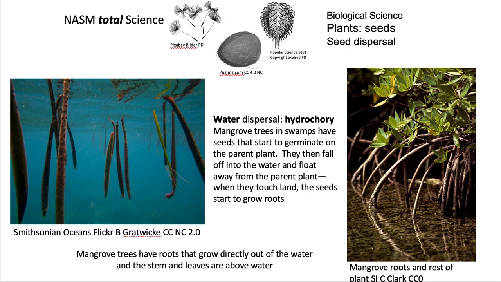So the seed pods germinate on the parent plant, and when big enough float in the water, and you can see them floating vertically away from the parent plant, and when they touch land, the seeds start to grow roots.